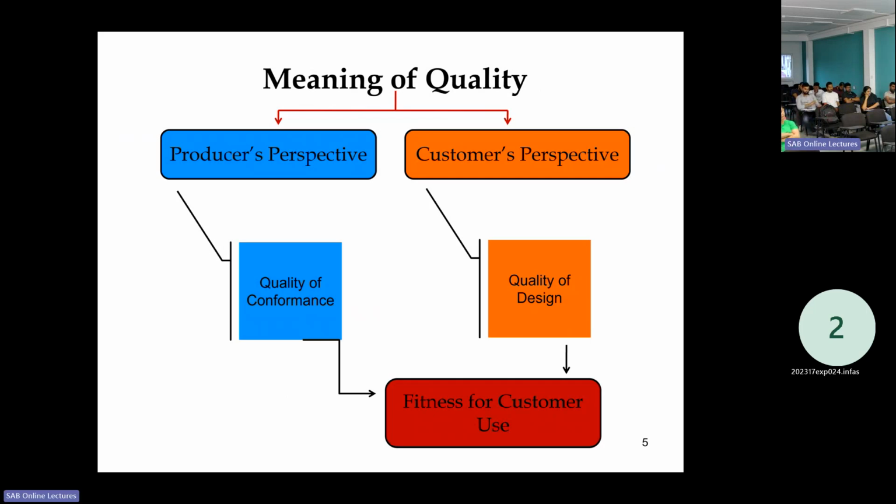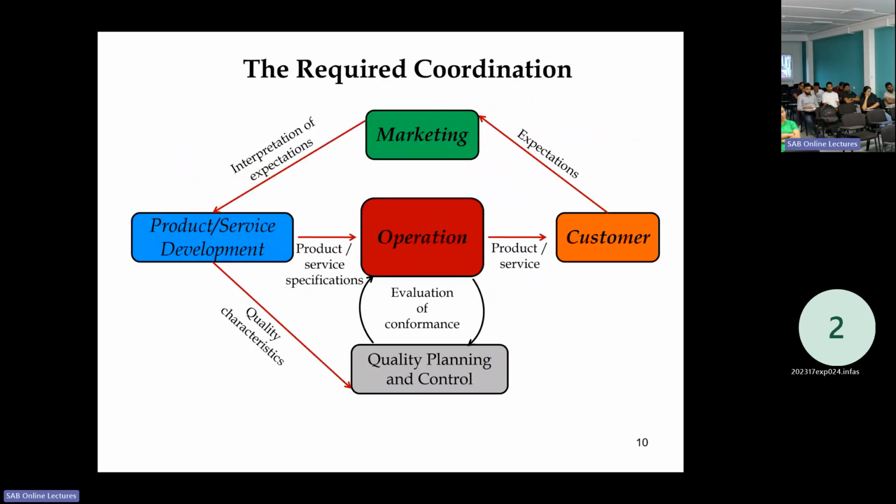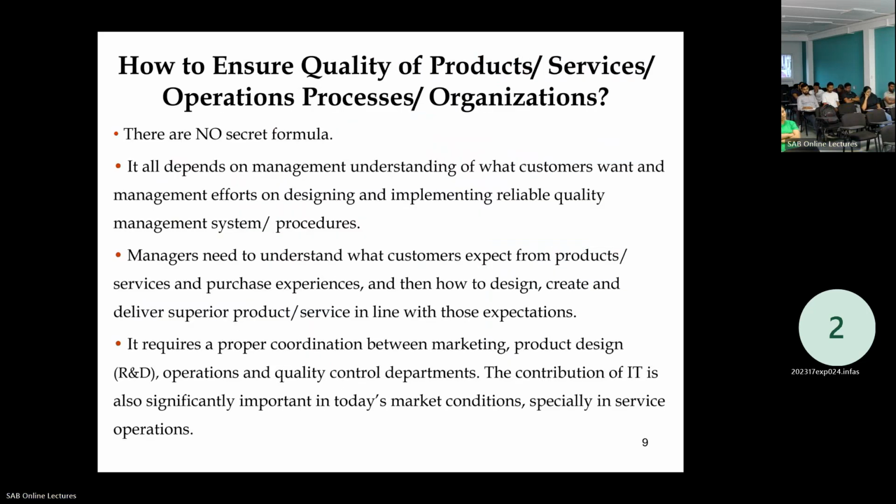Can you understand it? So modern quality management, successfully implemented, requires proper coordination between different departments within the organization. So which departments should work together? At least these four: marketing, and then of course product design or R&D, and then of course operations, plus the quality department, what we call quality control or quality assurance.